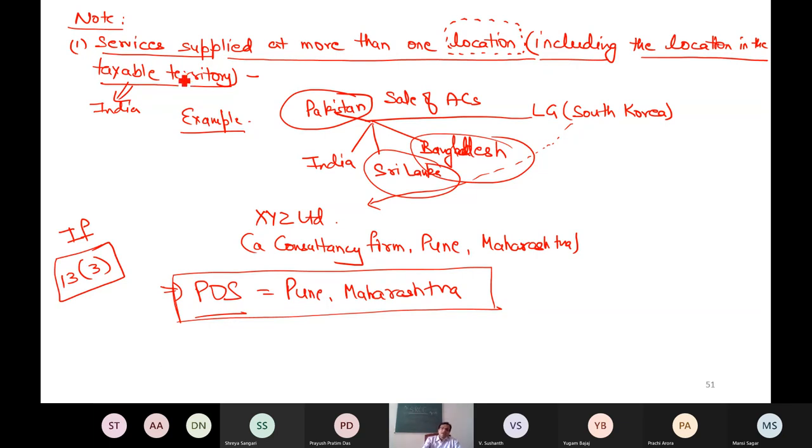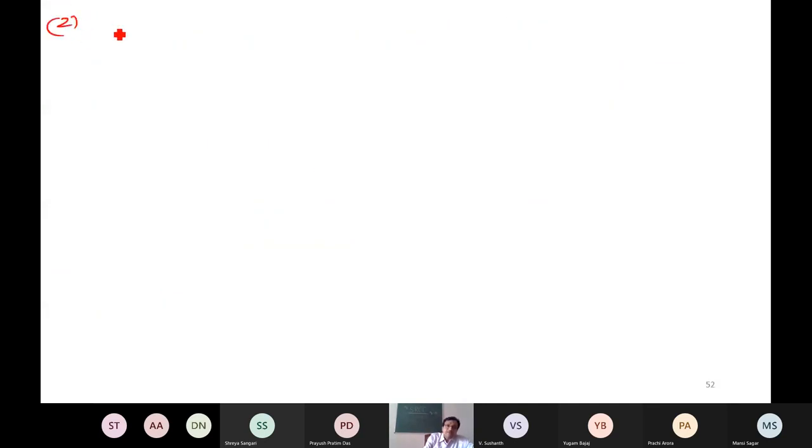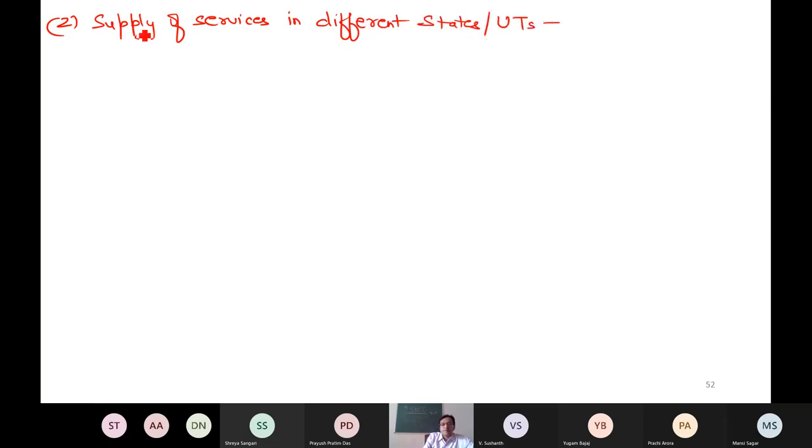Similarly, now technically I have mixed section 13(6) with section 13 subsection 3. Next point. Now, in this case, for example, if you supply services in different states or UTs.